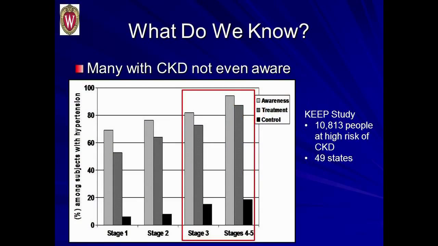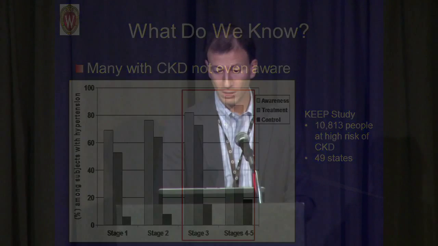So what do we know about our gaps in care? Well, we know that many of our CKD patients aren't even aware that they have CKD. Remember the stages; stage 1 and 2 we won't worry about too much, but in stage 3, when you have a mild to moderate reduction in your filtration rate, you can see 20% of the patients don't even know that they have the disease.